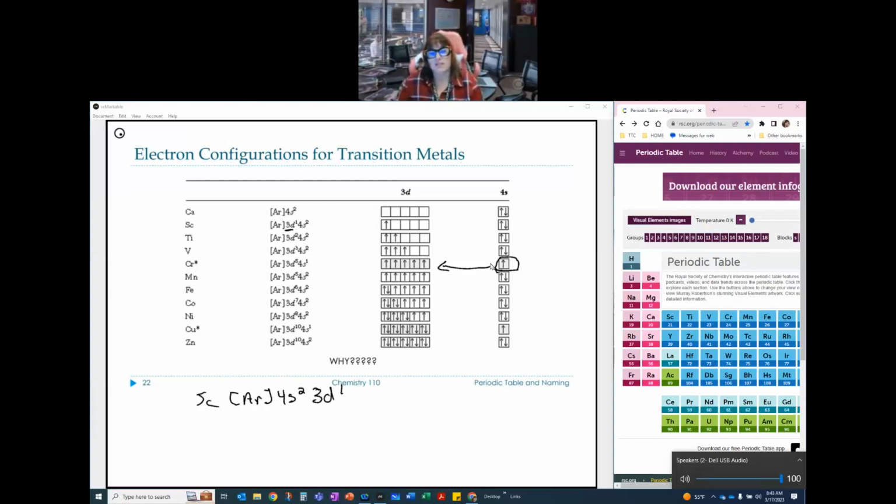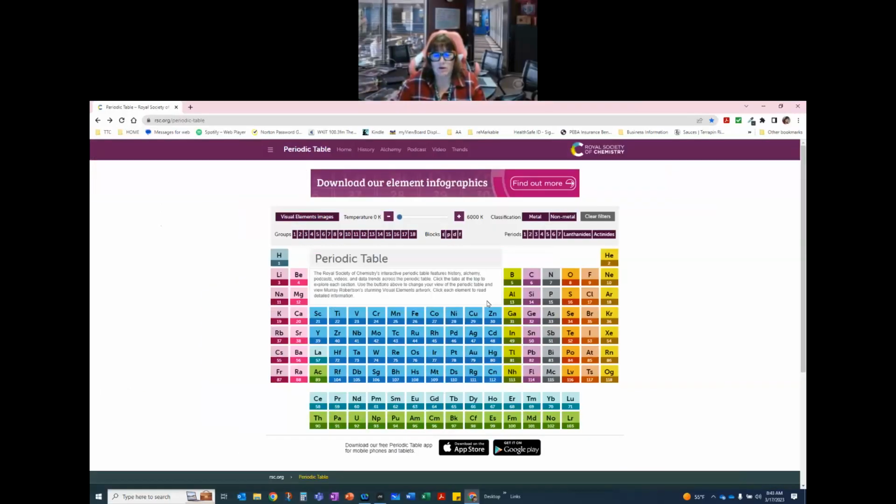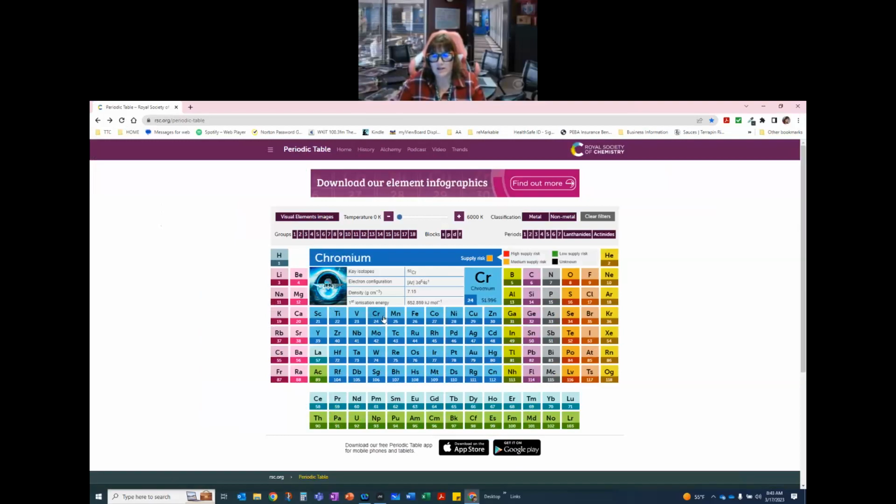So that's why that exists. You'll see that that happens for chromium, this one that has the notation here, and for copper. That's the other place this happens. What you'll find is that it's this group right here and this group right here. Those groups always behave in those ways. So that's something that we know happens. It's unusual, but it's predictable.